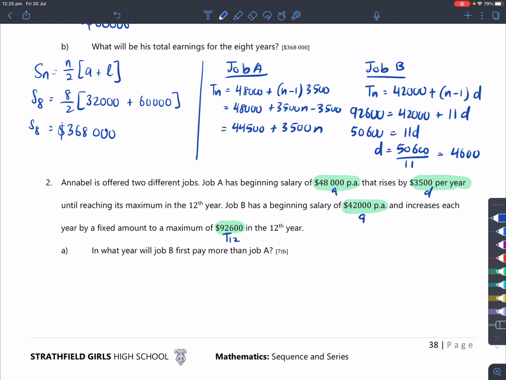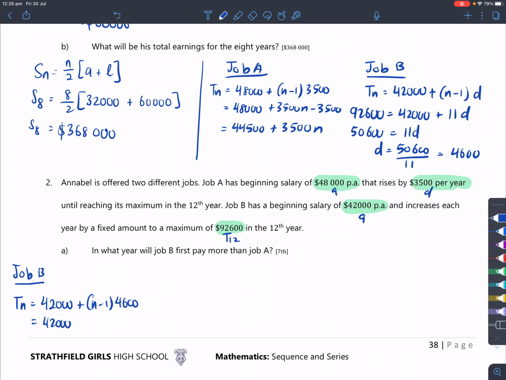So that means for Job B, if we rewrite this out with the d value of 4,600, Tn would be 42,000 plus (n minus 1) times 4,600.